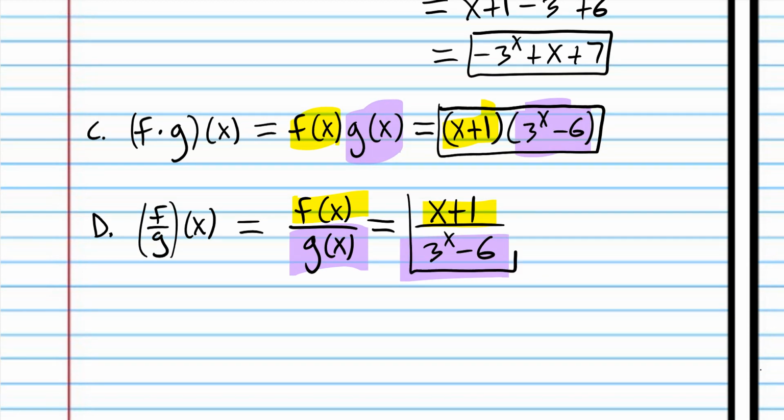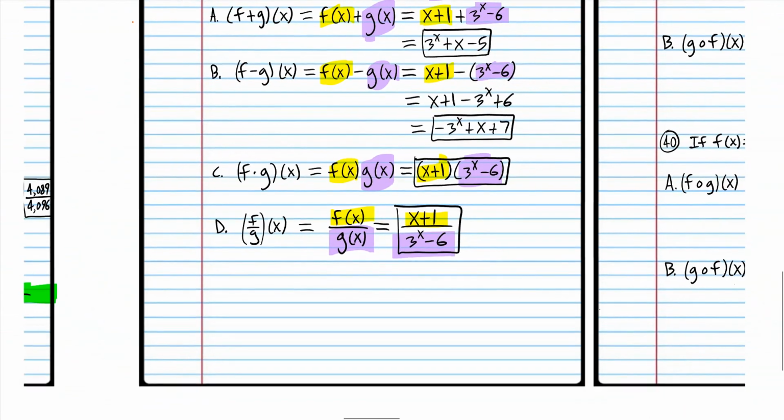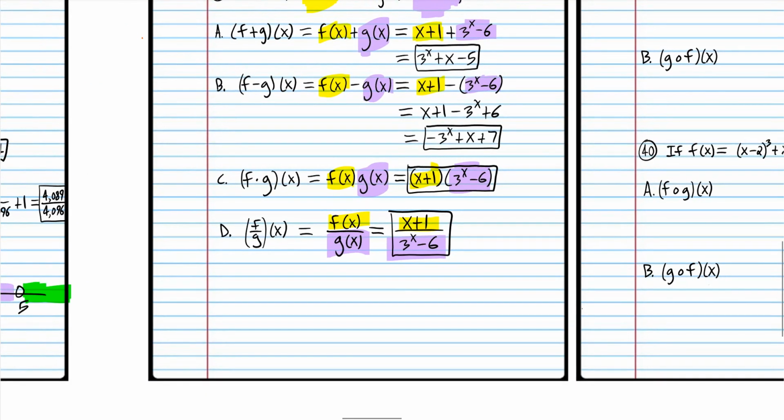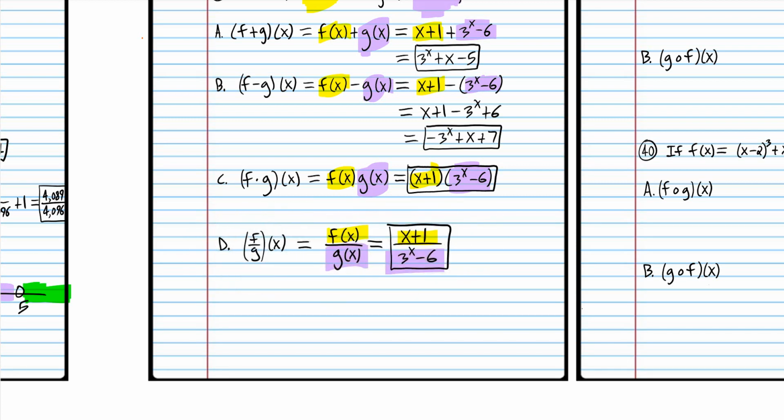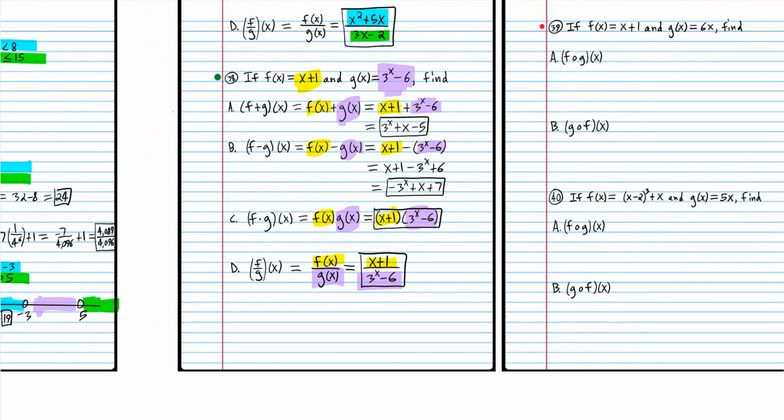And that's pretty much it. We don't really need to simplify that anymore. So if you got that answer, excellent. Okay, so now we're going to move on to composite functions.